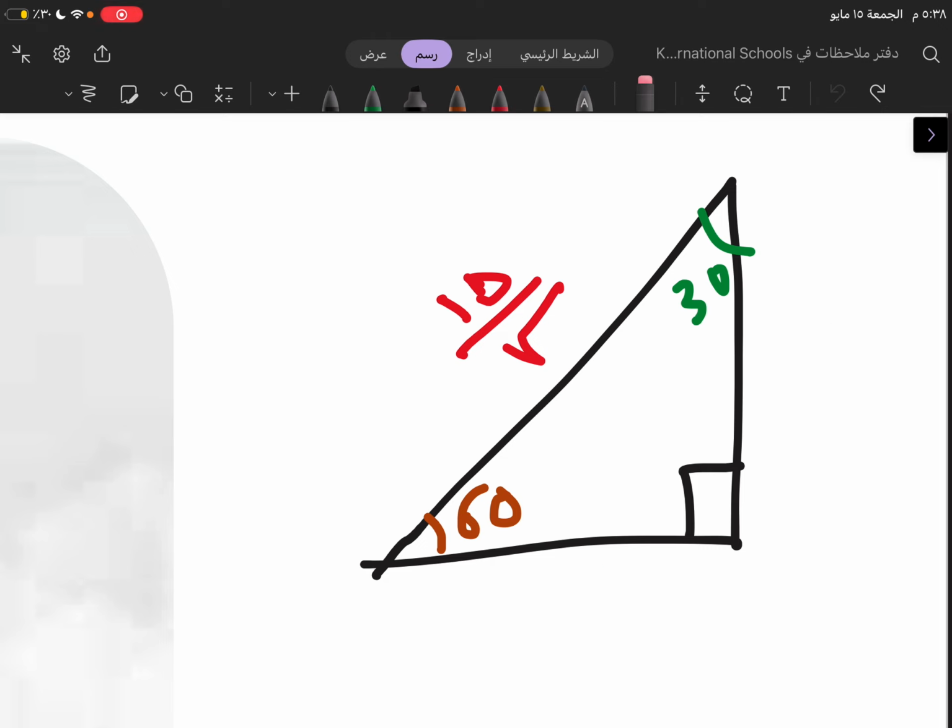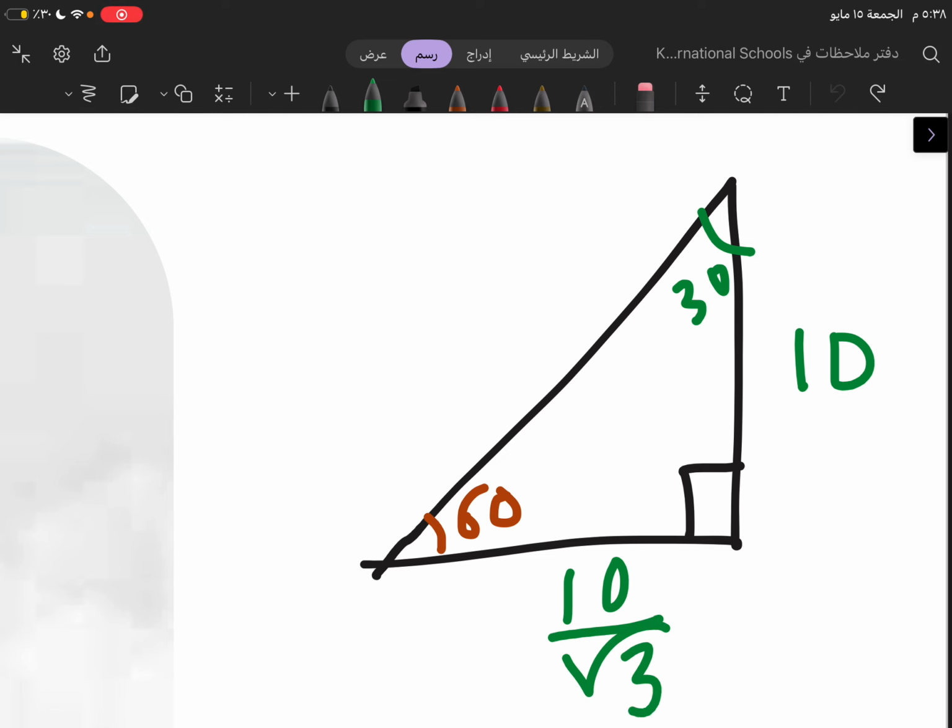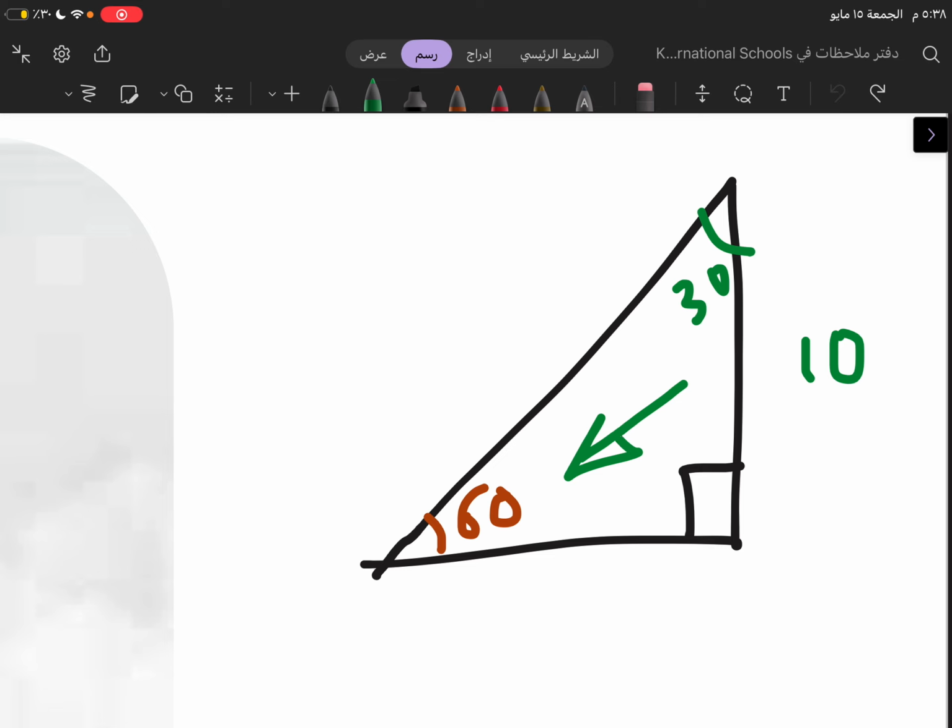Okay, one more example. If this is 10, so this is 10 over radical 3. Before I do this, you have to put in your head that if this is 10, you have to know this is the medium. If the given is the medium, directly go and find the smallest by dividing by radical 3.